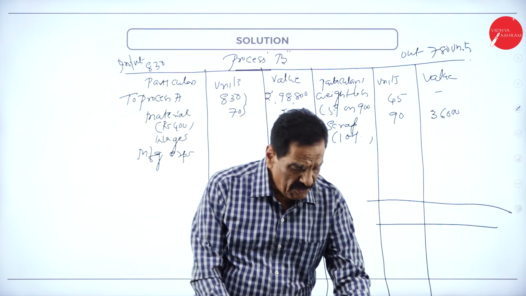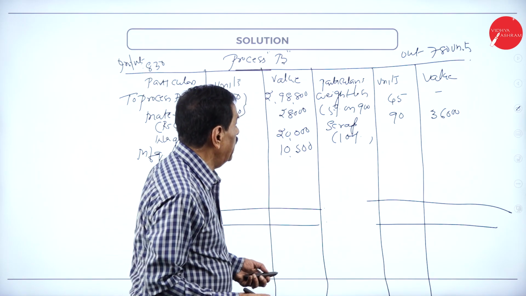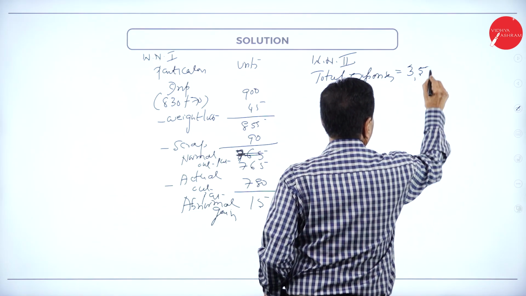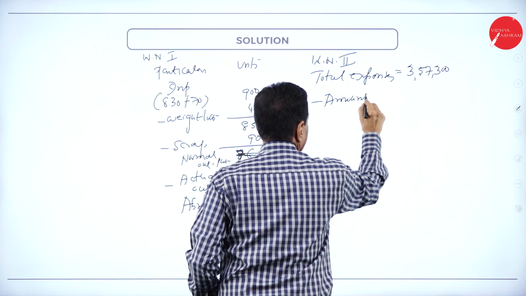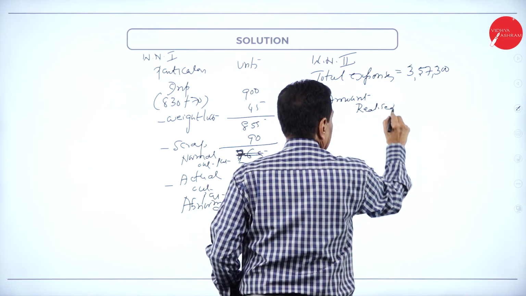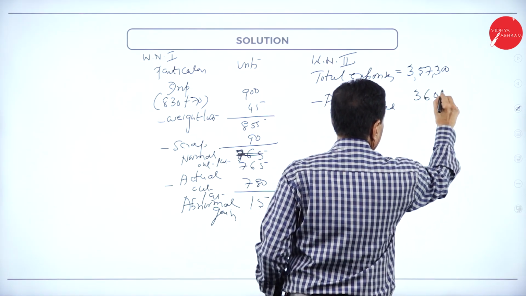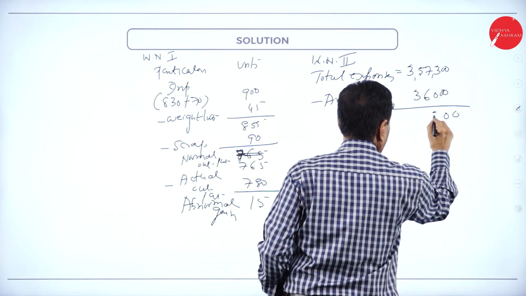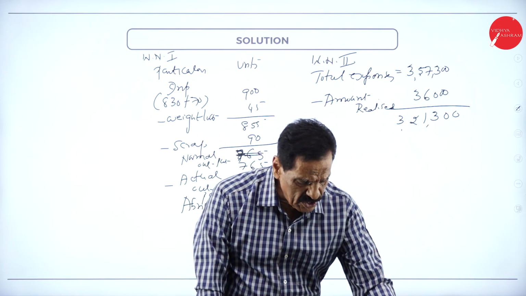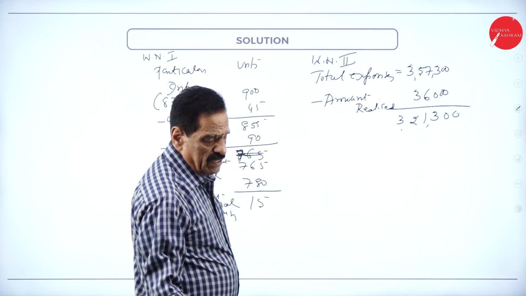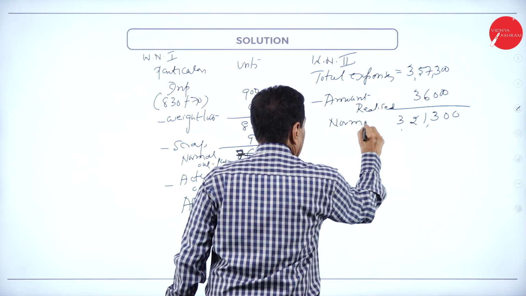So 3,57,300. 3,57,300 minus amount realized, minus amount realized, 36,000. Deduct: this is 3,21,300. This is called normal cost.